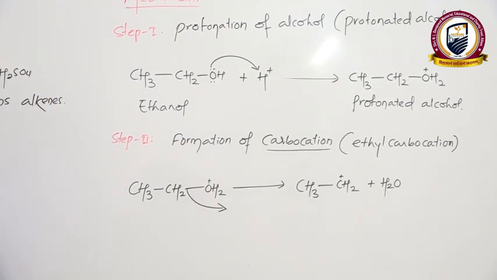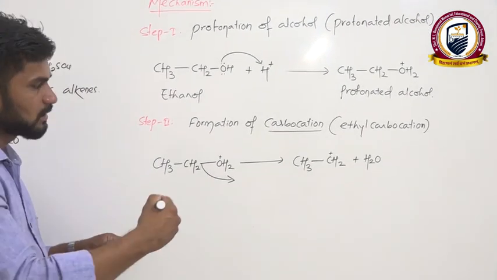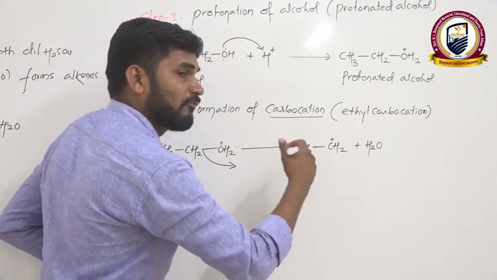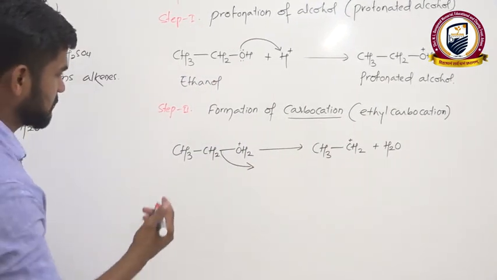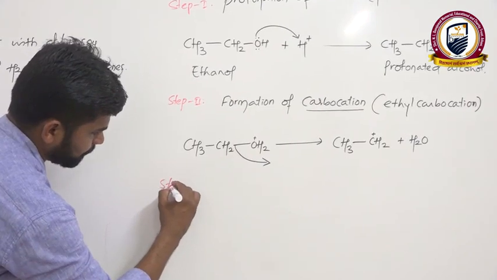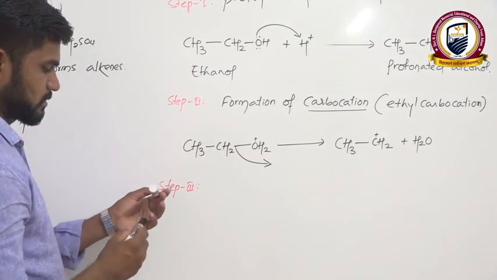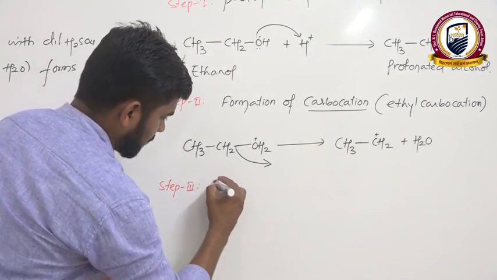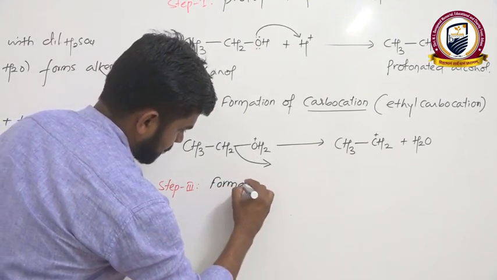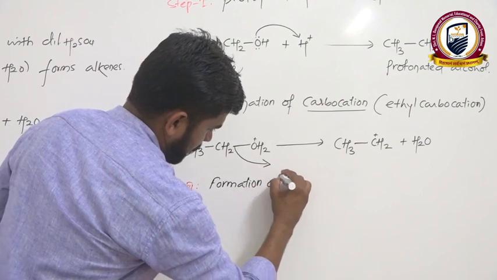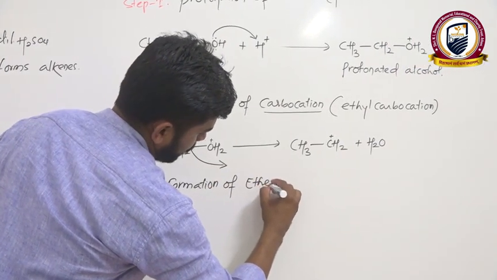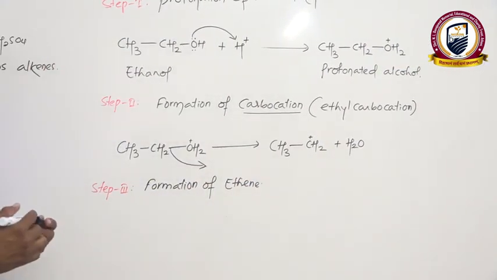And the final step, the third step, is loss of proton, which forms the corresponding alkene. So step 3 is formation of alkene or ethene.